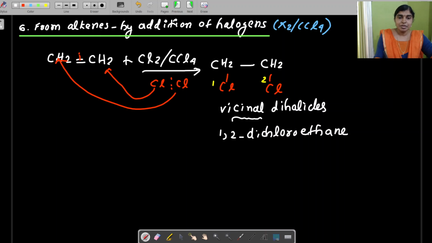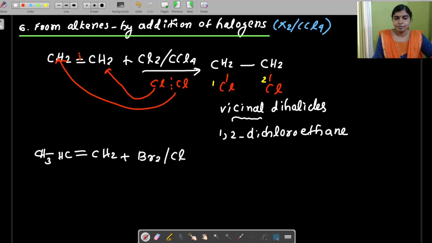And if the same is carried out in presence of bromine in CCl4, for example, you can take a 3 carbon chain. You put 3 carbons in a straight chain, put a double bond here. This will be equivalent to CH2, CH, and here it is CH3. Then you can add bromine in CCl4 instead of chlorine. What is the color of the bromine? That is a brown colored liquid.